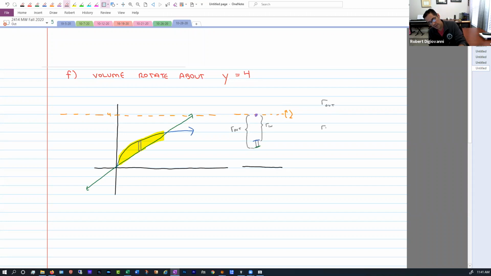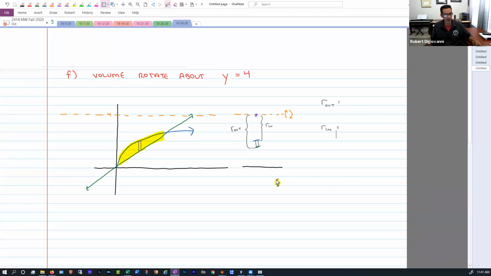So does someone see how to get it? Someone tell me what R out is and maybe explain why it's that. I got x plus 4. X plus 4. Okay, so you're on the right track because you're using x, which is the bottom curve.